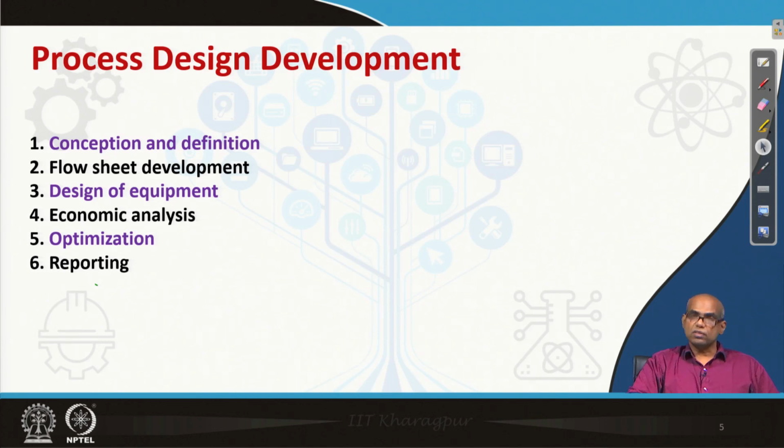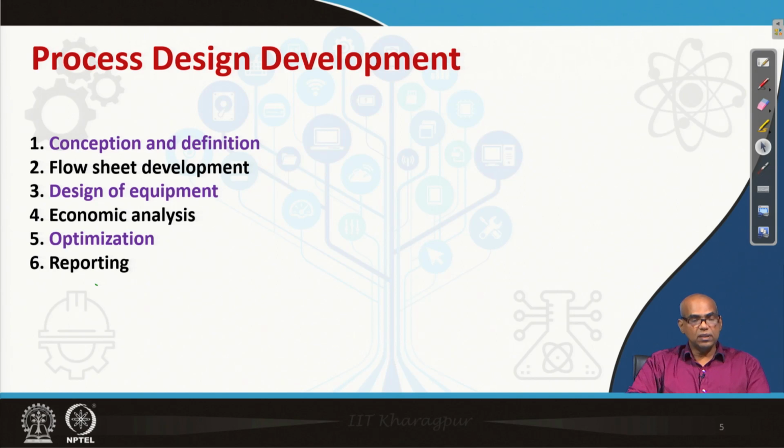When you design a process, depending on the particular design objective at hand, you will have various steps, but in general the following steps can be identified for a given design activity. First, the design starts with conception and definition.